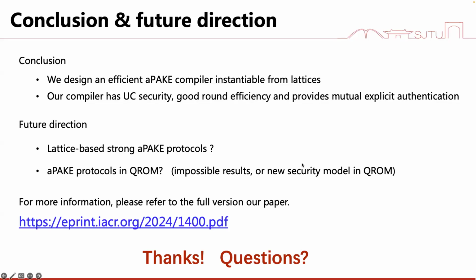But in the quantum random oracle model, we just need about the square root of Q because of the Grover algorithm. So I think maybe we need a new security model to capture this.